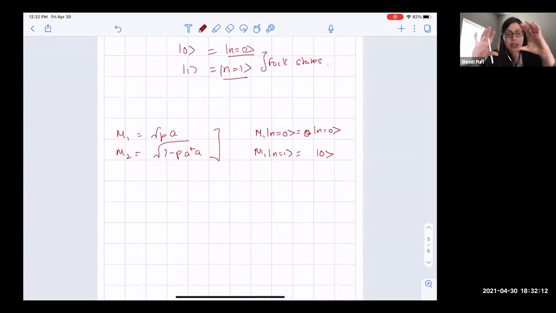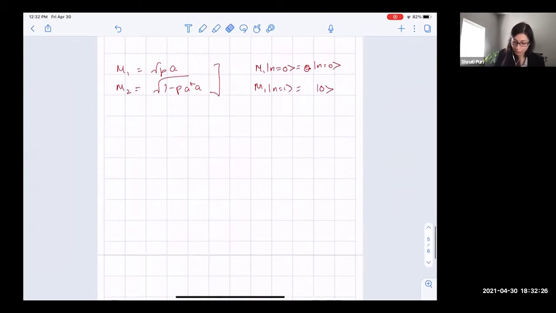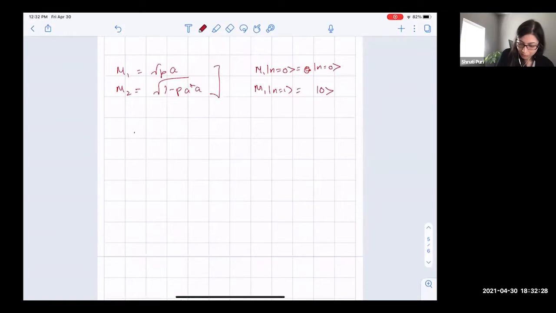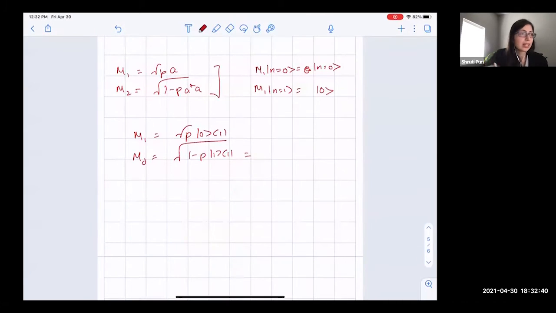So I can take the M1 and M2 operators and project them onto the Fock state basis. Effectively, M1 can be written as square root of P times |0><1|, and M2 can be written as square root of 1 minus P times |1><1|, and with a little more math this becomes |0><0| plus square root of 1 minus P times |1><1|.